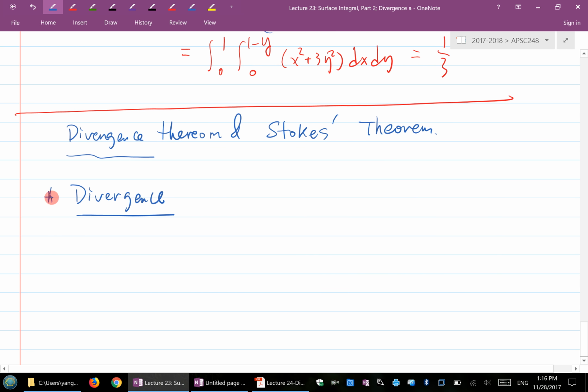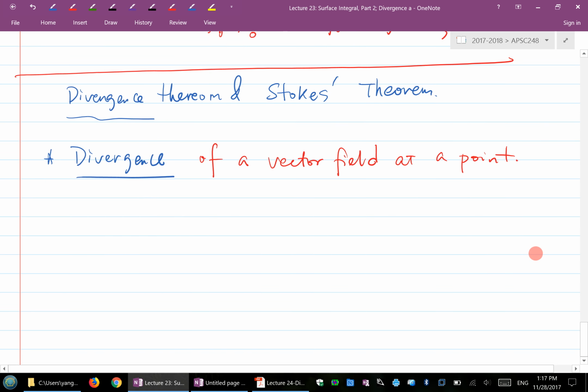So more precisely, I should say the divergence of a vector field at a point. I'll write down the definition first, and then we can discuss the meaning.